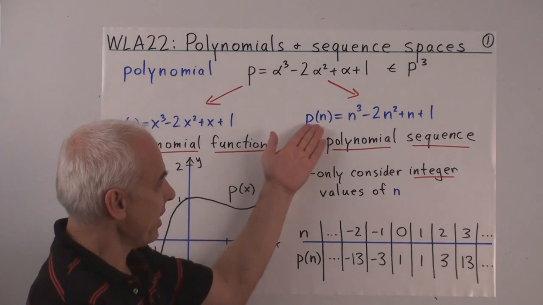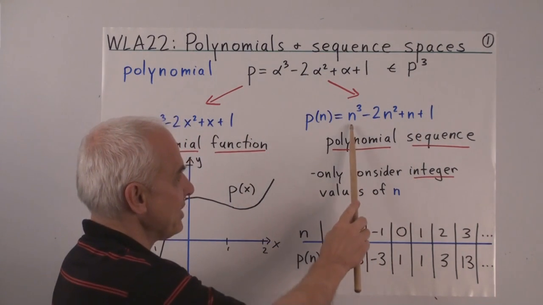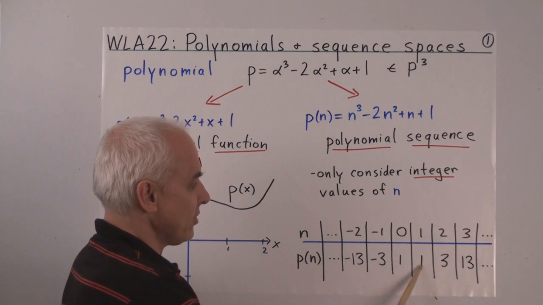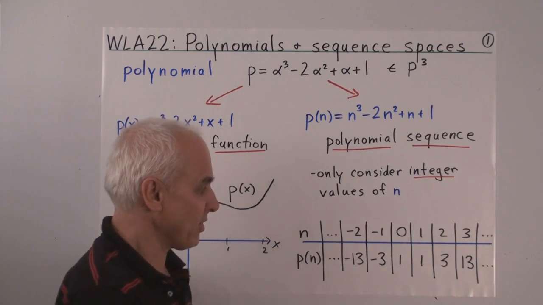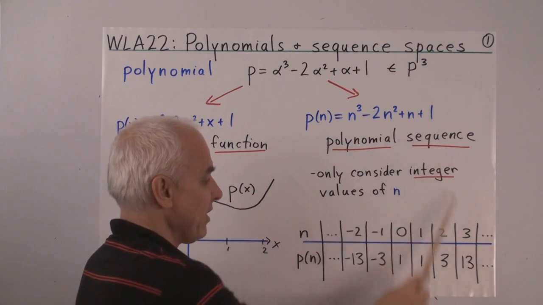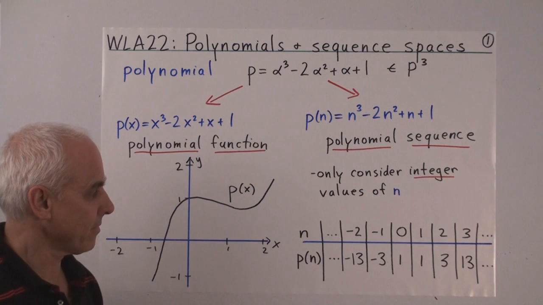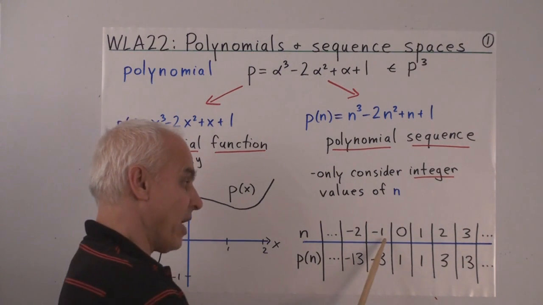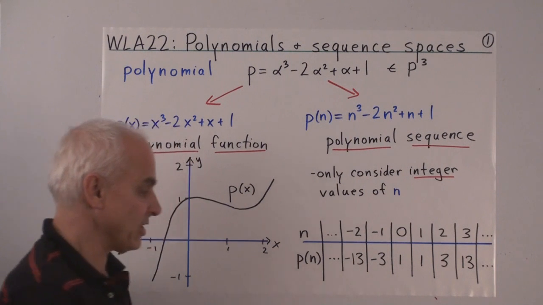So for example, when n is equal to 0, we evaluate to 1. When n is equal to 1, it evaluates to 1 as well. When n is equal to 2, you can check it evaluates to 3. When n equals 3, it evaluates to 13, and we could continue on in this way. Negative values are also possible. At minus 1, it's minus 3. At minus 2, it's minus 13, and so on.